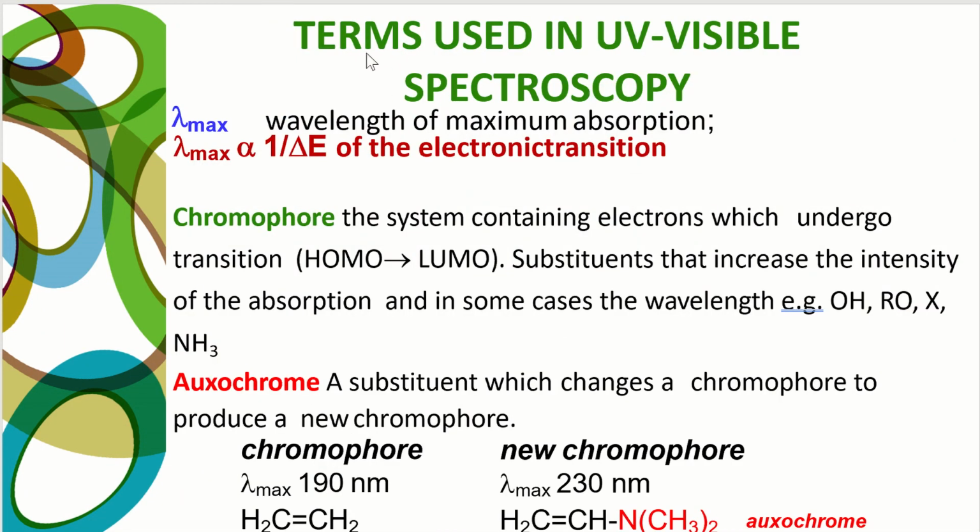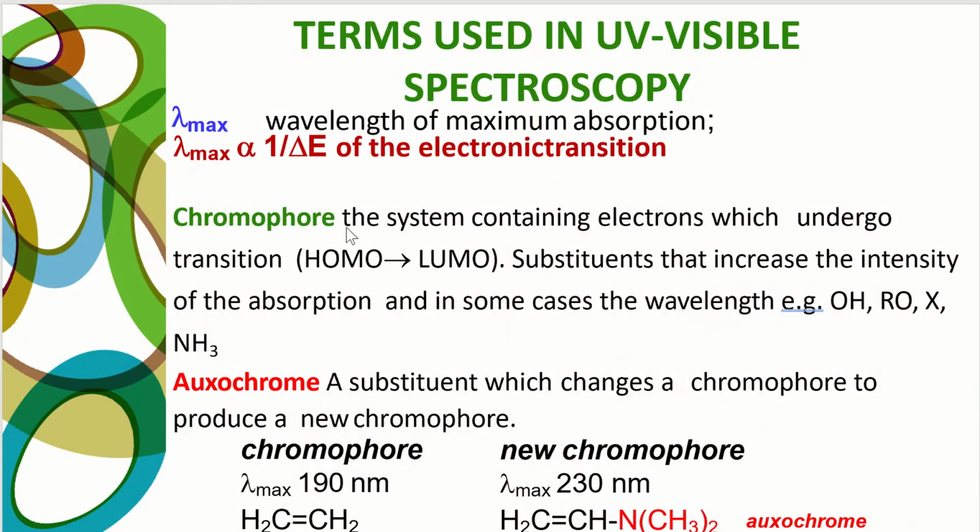All right, so now we're going to look at some terms used in UV-Vis spectroscopy. So you've seen lambda max a number of times now, and that's the wavelength of maximum absorption. So we know that that wavelength is inversely proportional to the change in energy of the electronic transition.